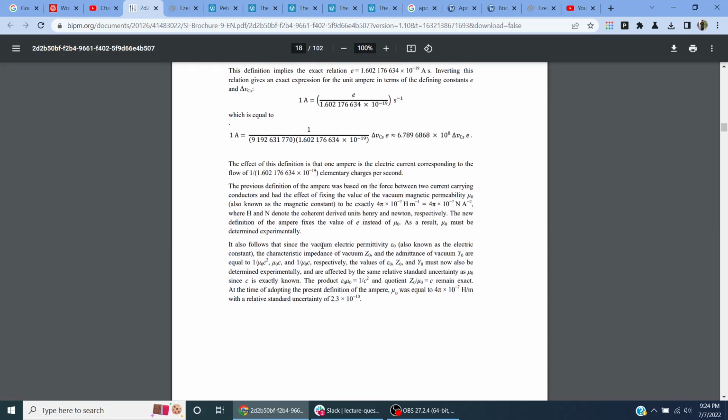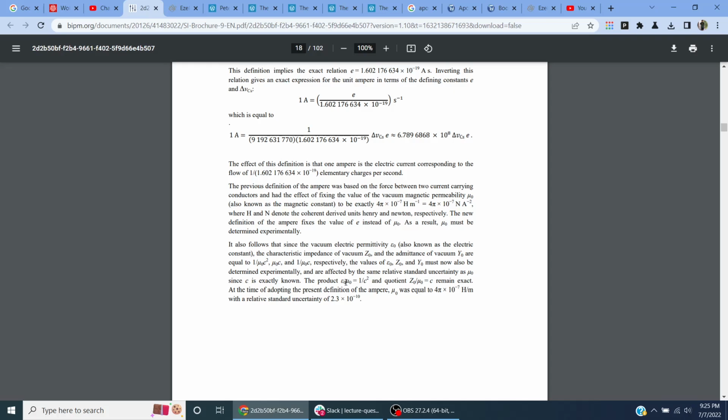It also follows that since the vacuum electric permittivity epsilon sub 0, also known as the electric constant, the characteristic impedance of vacuum Z sub 0, and the admittance of vacuum Y sub 0 are equal to 1 over mu sub 0 c squared, mu sub 0 c, and 1 divided by mu sub 0 c, respectively, the values of epsilon sub 0, Z sub 0, and Y sub 0 must now also be determined experimentally and are affected by the same relative standard uncertainty as mu sub 0, since c is exactly known.